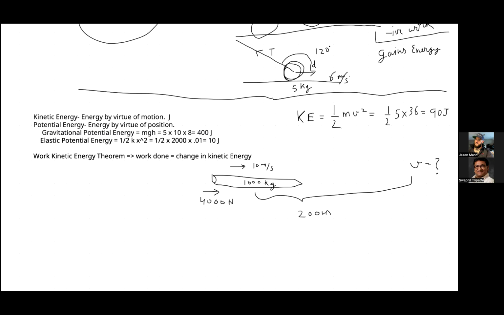So that's 800,000 joules is the work. This is also equal to the change in kinetic energy. So we can write it as delta KE.